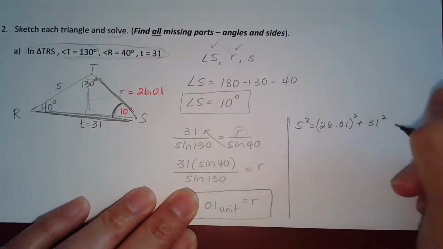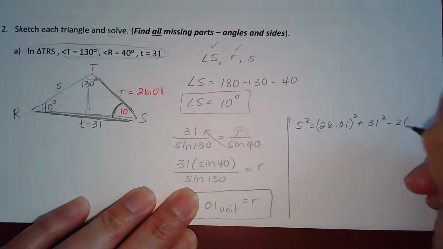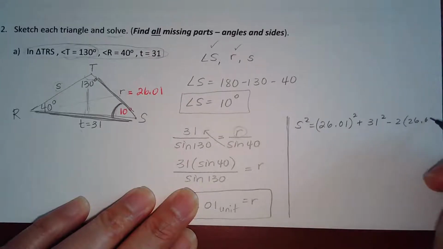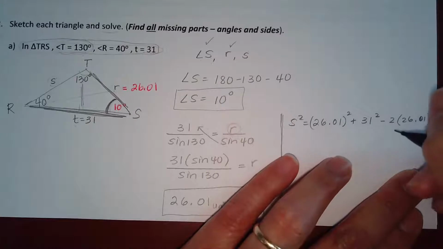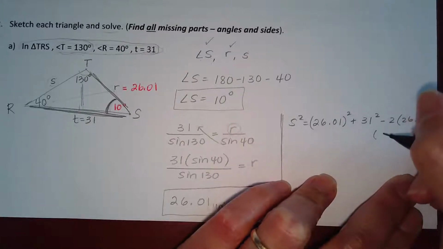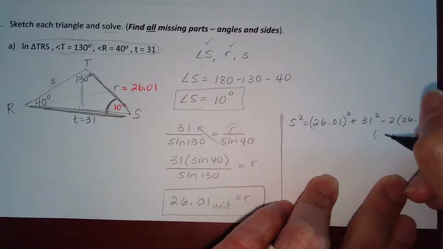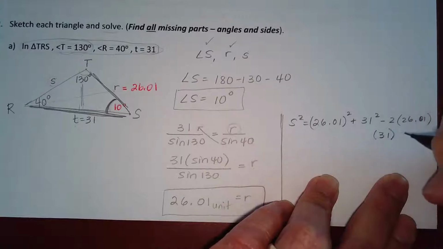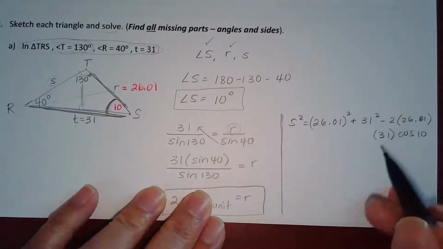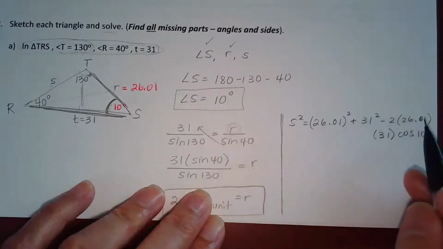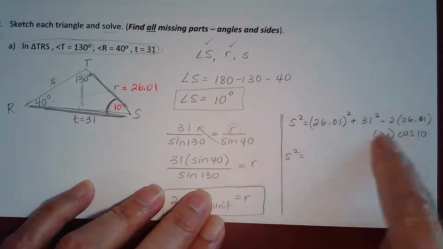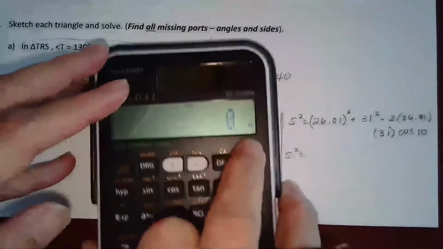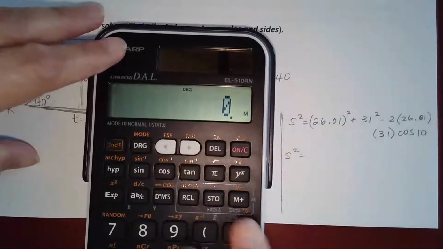Plus 31 squared minus 2 times 26.01 times 31 times cosine of 10 degrees. Okay, so that's the cosine law right there. Now it's just a matter of typing all of that information out. So let's go ahead and try that.